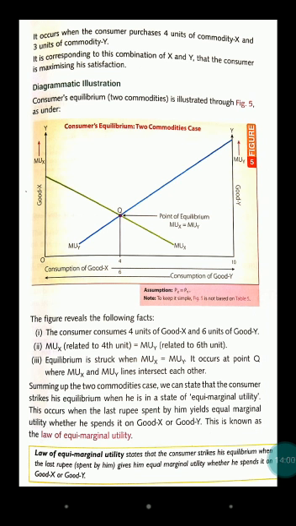But in ordinal we do not say this. We say that a cup of tea gives more satisfaction than a cup of coffee. But in utility we say a cup of tea gives 2 utils or 3 utils of satisfaction. So this is all about the utility approach.